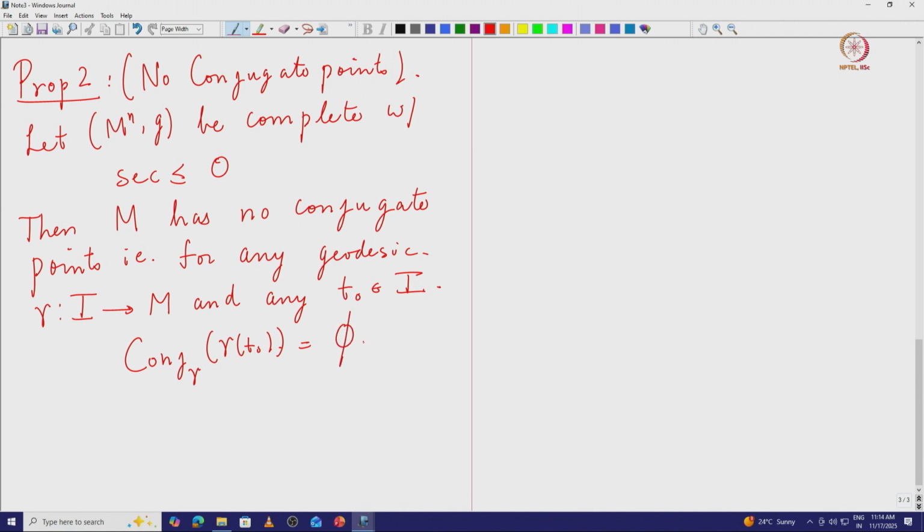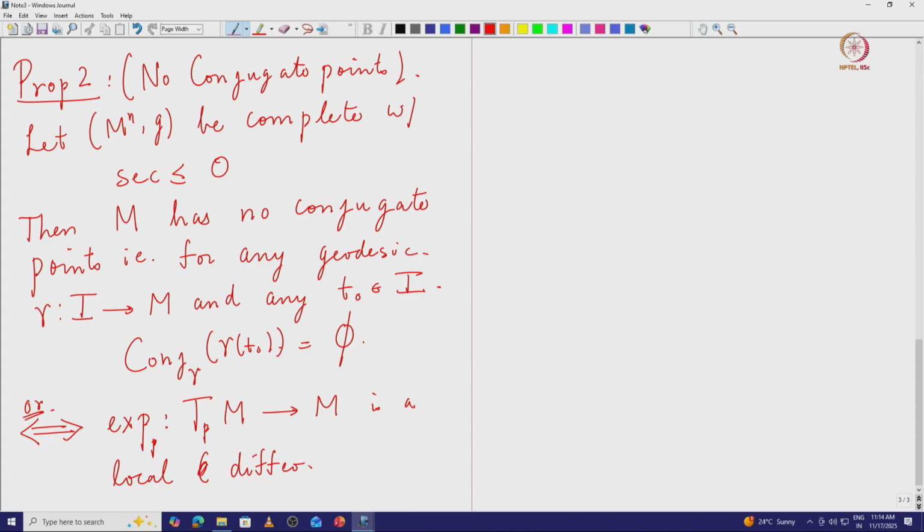So another equivalent way of saying this, and this is actually the way we are going to use this, is that if you look at the exponential map, this is a local diffeo. Why?